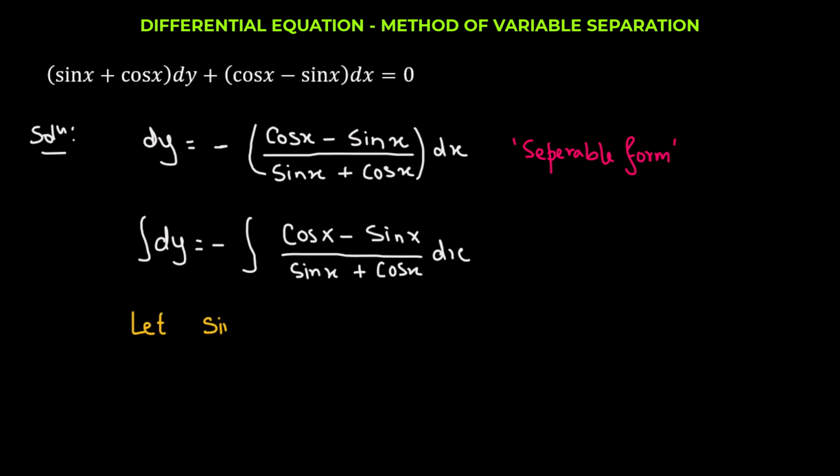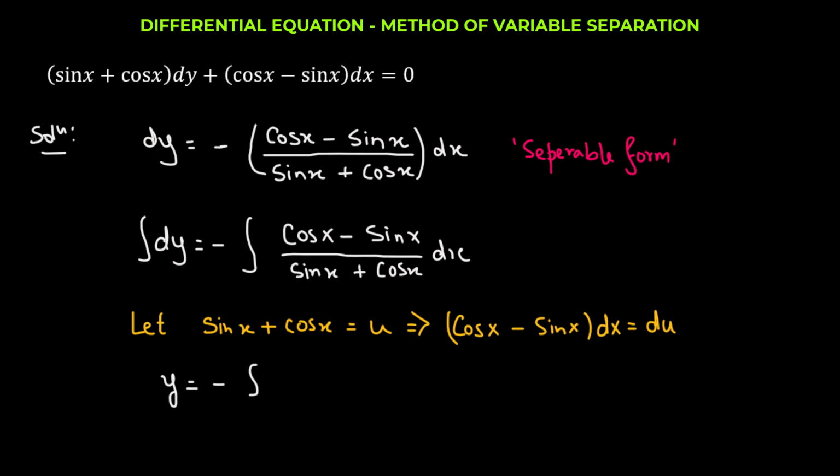So let's take the denominator sine x plus cosine of x equal to a variable u and differentiate both sides with respect to x to get cosine of x minus sine of x times dx equals du. So that gives us the integration of dy, which is y, equal to the negative of the integration where the numerator cosine x minus sine x whole times dx will become du divided by our variable u.